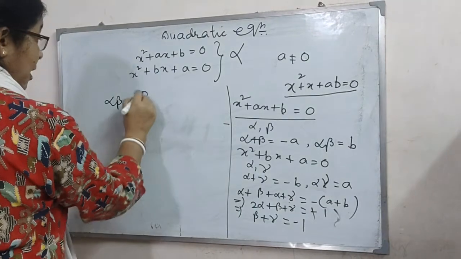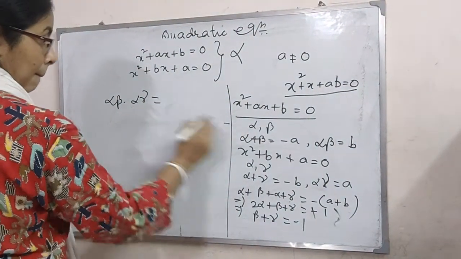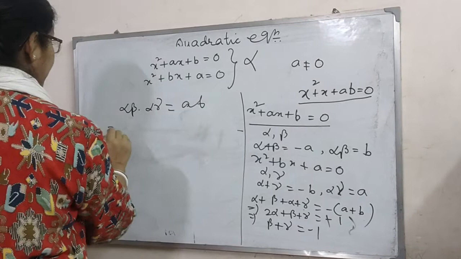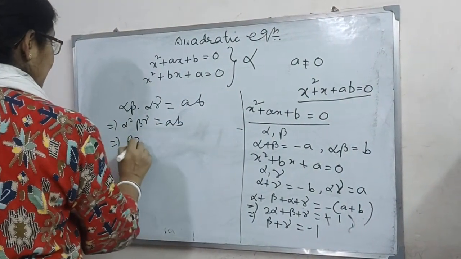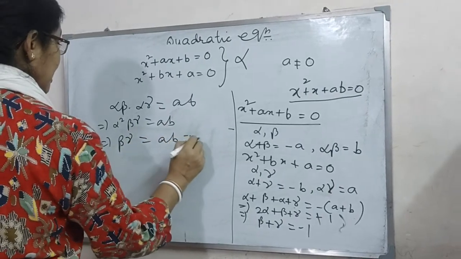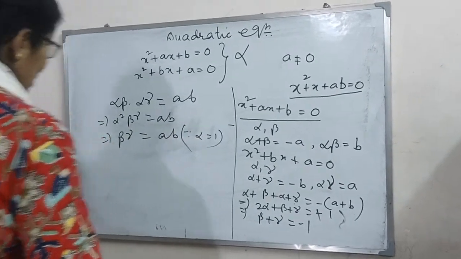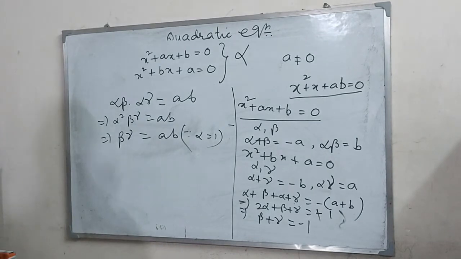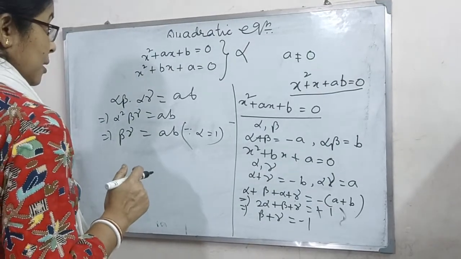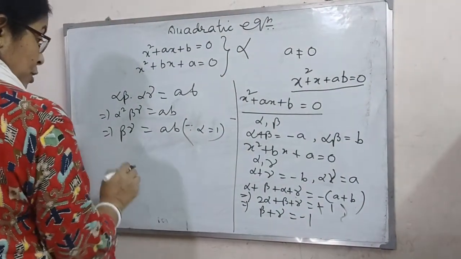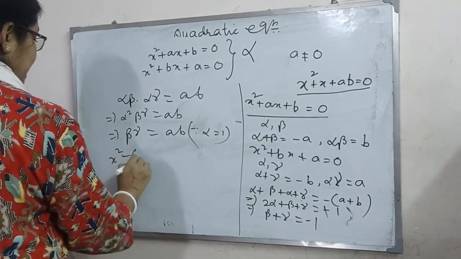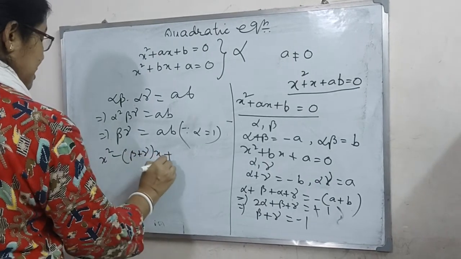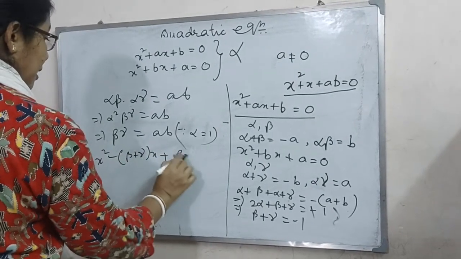Alpha beta times alpha gamma equal to ab. Alpha square beta gamma equal to ab. Beta gamma equal to ab, because alpha equal to 1. So the equation whose roots are beta and gamma is x square minus beta plus gamma into x plus beta gamma equal to 0.